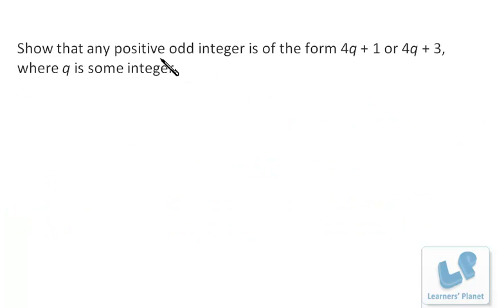Now show that every positive odd integer is of the form 4q plus 1 or 4q plus 3, where q is some integer. Now we assume any number a. When a is divided by 4, we assume the quotient is q.